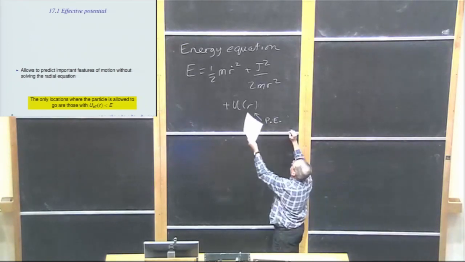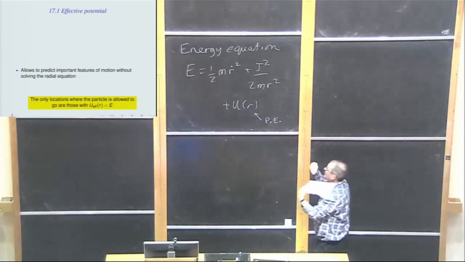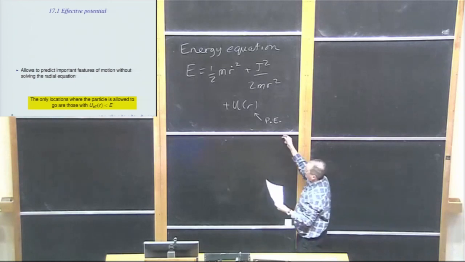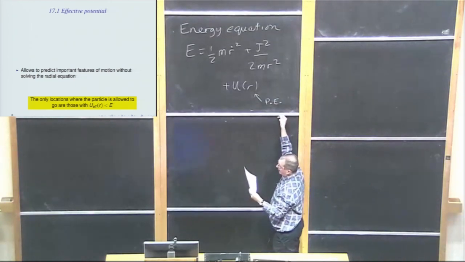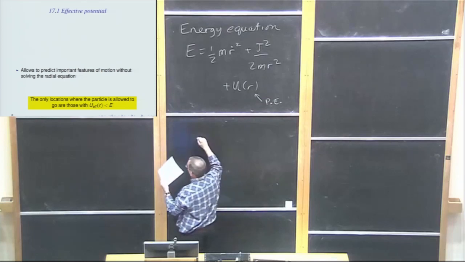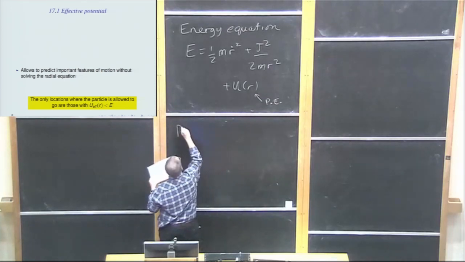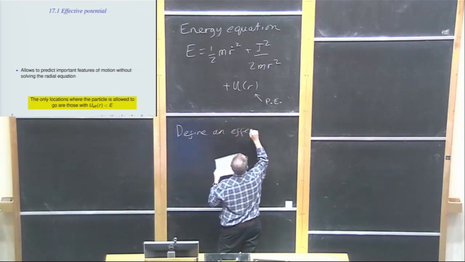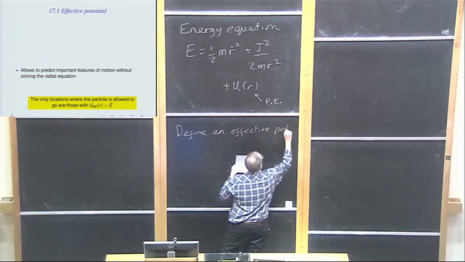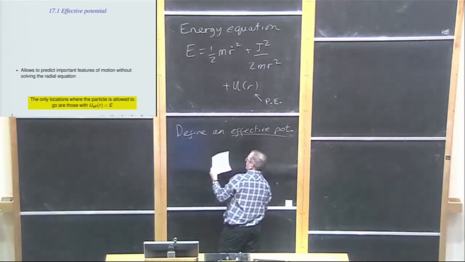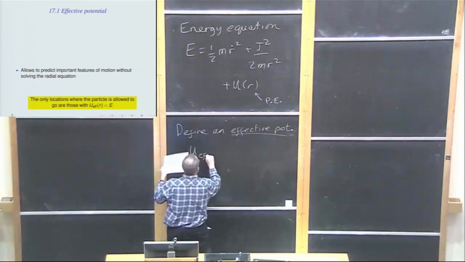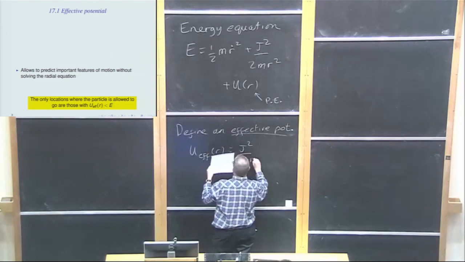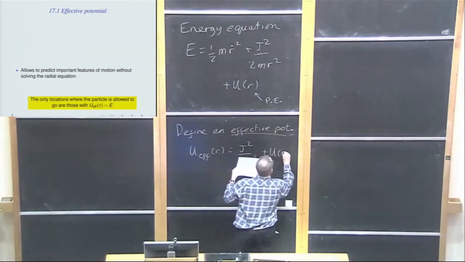Okay, so you look at that and you say, well, initially we started with a formula which was dependent on 2 dimensions, r and theta. Now it is only dependent on r and r dot. So let's now define an effective potential, which is U effective of r equals J squared over 2mr squared plus U of r.